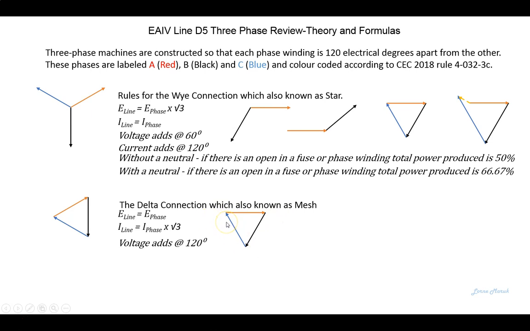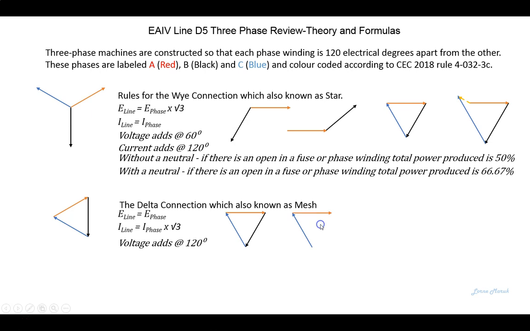And we could do a mesh test, or what we call a delta closure test, to measure for 0 volts across those 2 points. If we get something other than 0, then we shouldn't make the final connection. But that value would be quite large compared to some ghost voltage.